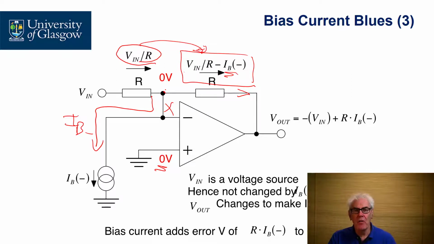The effect of the bias current adds an error V equal to R times the bias current to the output. In other words, if the input voltage was, say, 1 volt, the output voltage would be minus 1 volt plus the error due to the bias current.